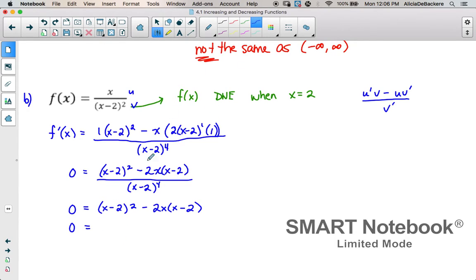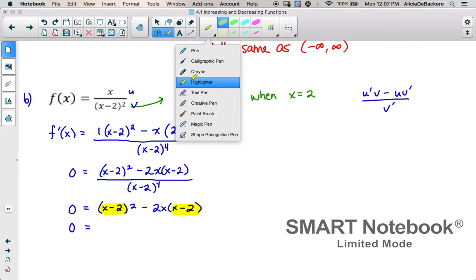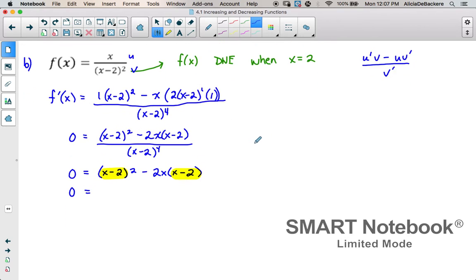Now what I notice is I've got 2 terms. The first term is a bracket being squared, and I'm subtracting 2 times x times that same bracket. So I'm going to use my factoring magic here, and pull the common bracket out front. If you didn't do that, you would expand all of this, collect like terms, and then refactor it, and you're going to end up with the same answer as me in a couple more steps.